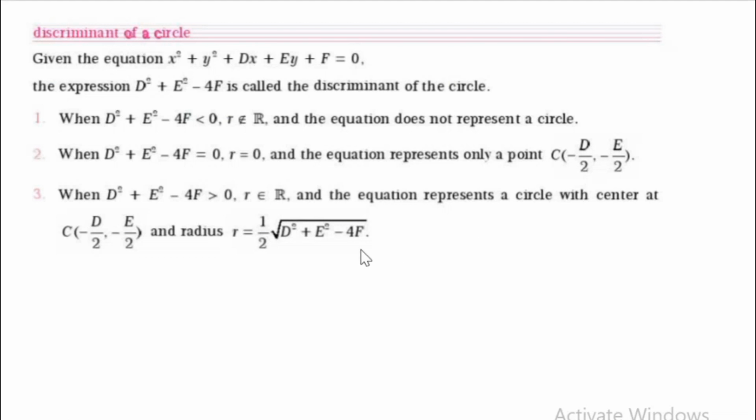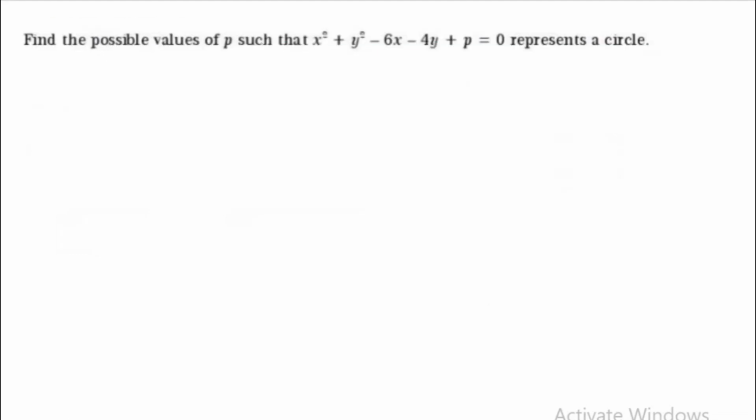For our next example, we will be using these properties of the discriminant of a circle. Find the possible values of p such that x squared plus y squared minus 6x minus 4y plus p equals 0 represents a circle.